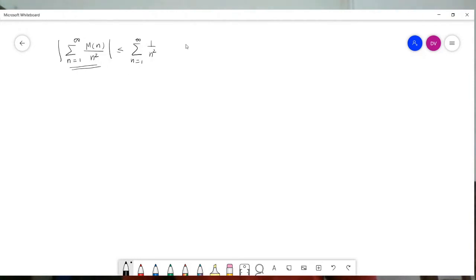So we assume this value is a finite quantity, say 6 by pi square. In fact, we are not going to prove these formulas right now, so we just assume this result.